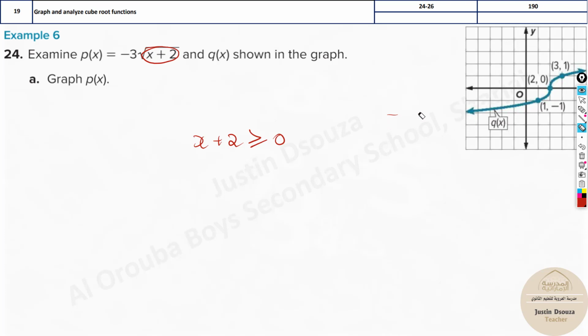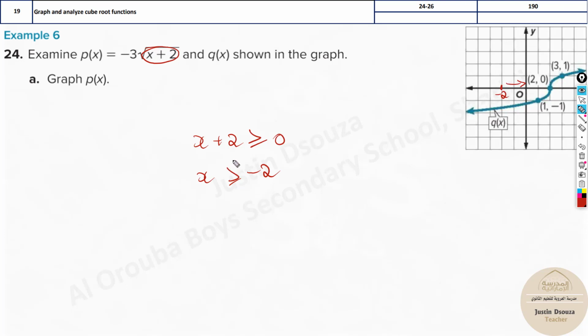Zero is also included. I mean, inside square root you can even put 0, you will get an answer. You can test it. So what happens over here? X plus 2 greater than or equal to 0, take this plus 2 to the other side, it will be minus 2. So any values from minus 2 to greater values are possible over here.